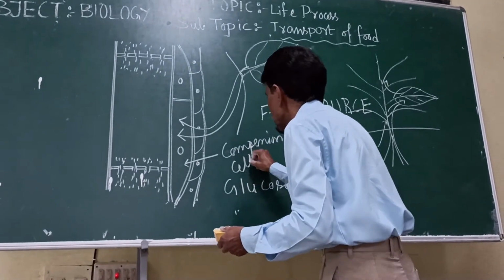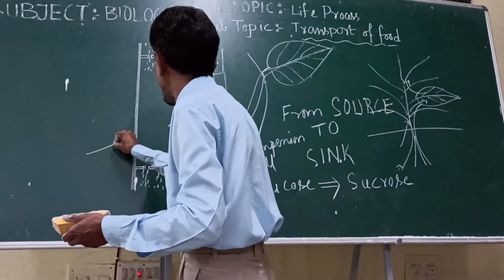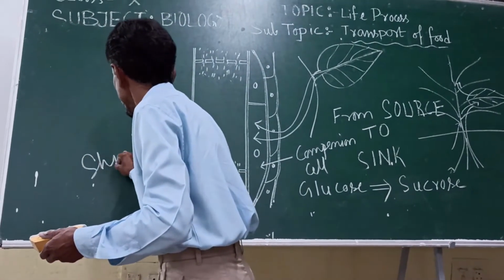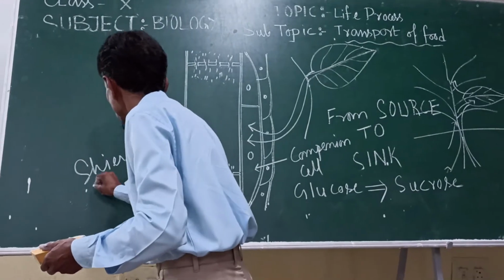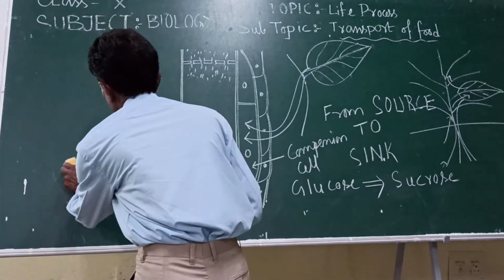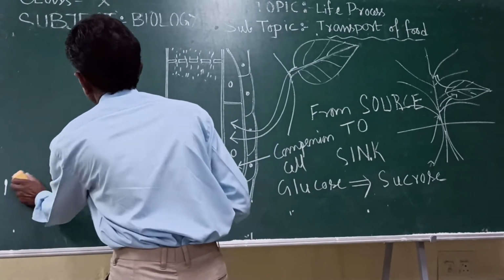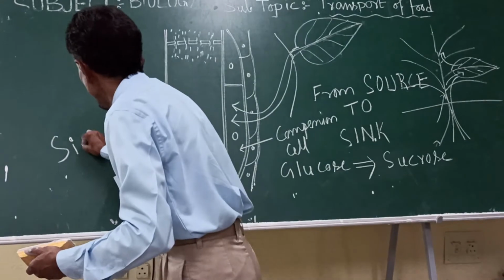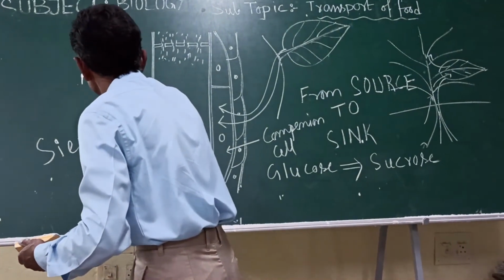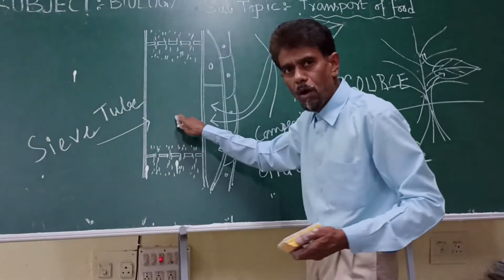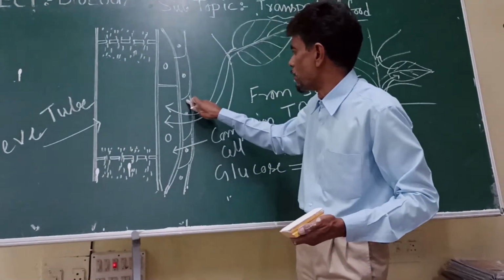These are the sieve tube. Let me correct it. Sieve tube. So this is a sieve tube, companion cell, phloem parenchyma.